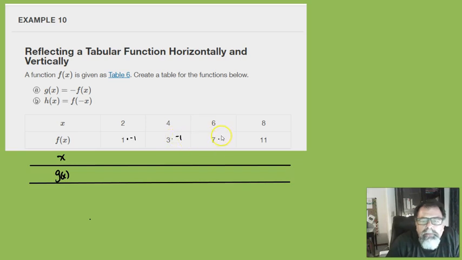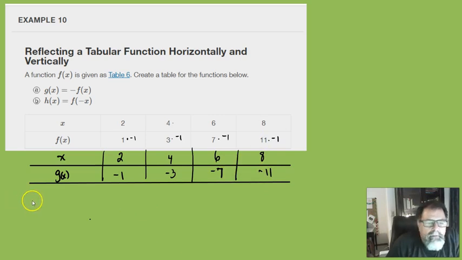We're going to leave the x values alone. So it'll be 2, -1. That'll be 4, -3. 6, -7. 8, -11. Okay.